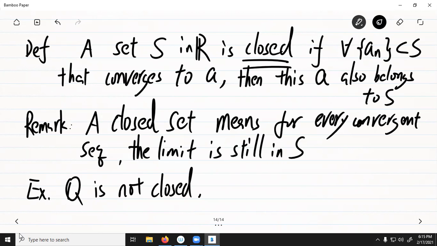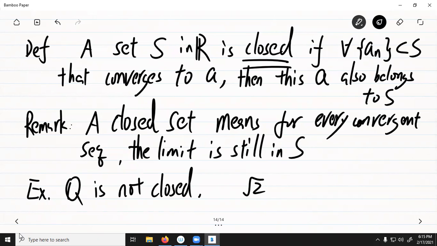So why is it not closed? The reason is if we pick square root 2, square root 2 is a real number, right? Since Q is dense in R, we must have some sequence in Q which converges to the square root 2.